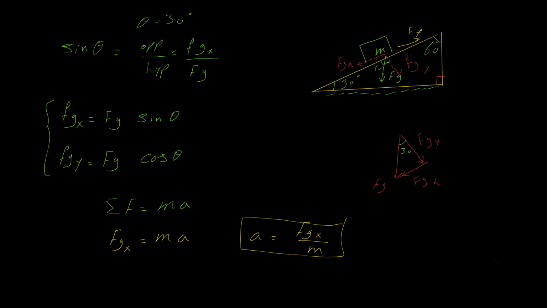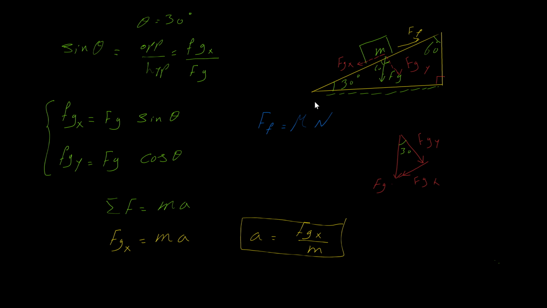Now, what is the force of friction equal to? F of F, the force of friction, is equal to mu times n. First, what is mu? Mu is a constant, and it depends on the surface that we have here.